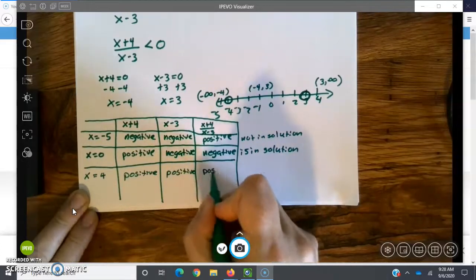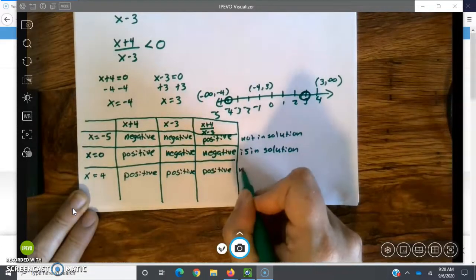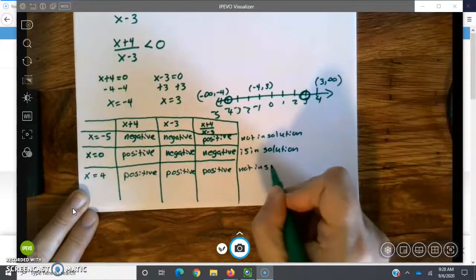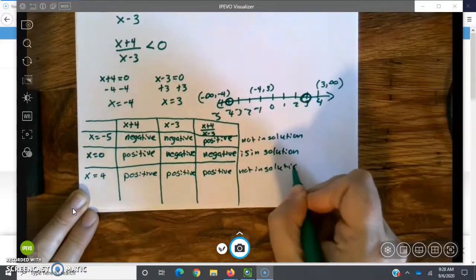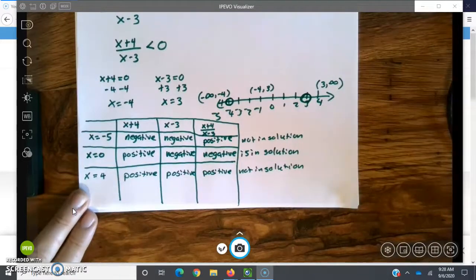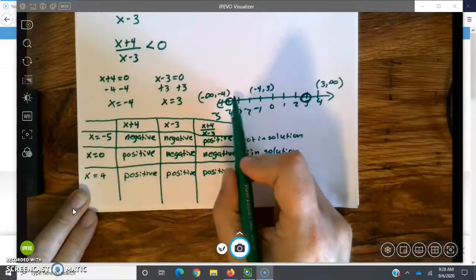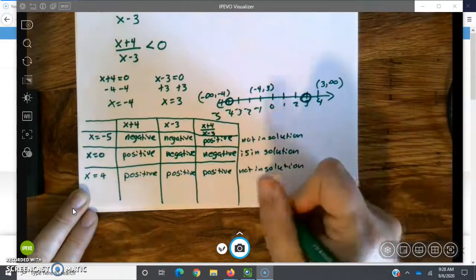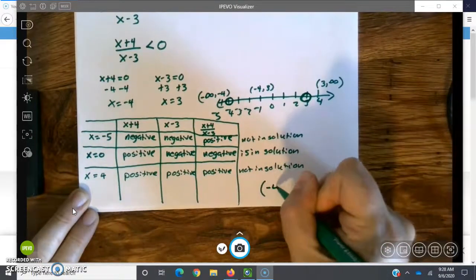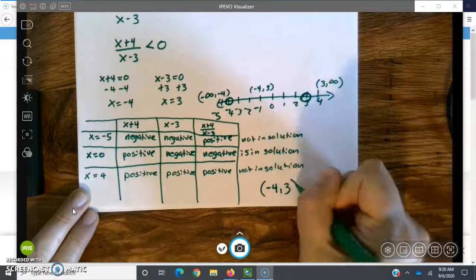So the whole thing is positive. So not in solution. And so in the end, the only region that's in our solution set is the one that contains 0. This between negative 4 and 3. So our solution is negative 4 to 3.